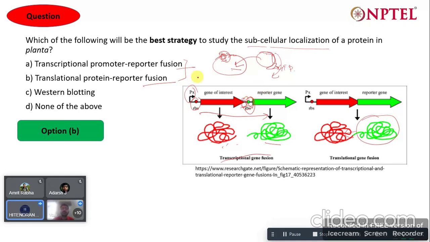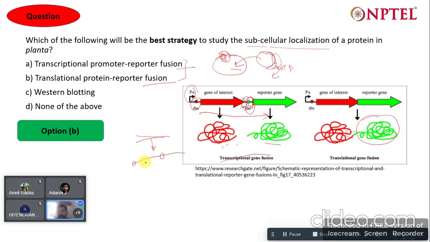Yeah, but in case of a transcriptional fusion, what actually happens is when the genes are transcribed, there is only a single transcript formed. Okay, but they have different ribosome binding sites from where they are translated.